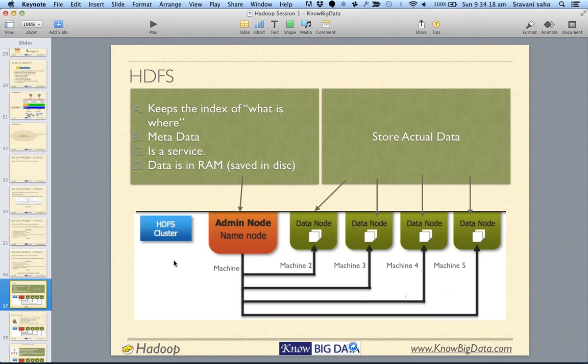So for exactly those problems, HDFS was designed.